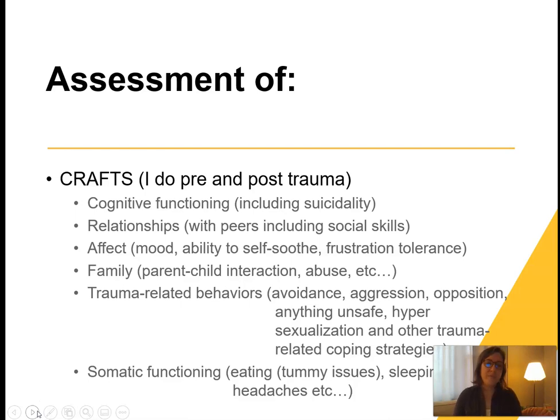What are some of the trauma-related behaviors that either the client can self-report or the caregiver has observed and can report to us? And you see those listed there. And then also, what is that somatic functioning? We learned a lot about how our body expresses trauma and feels trauma when we looked at The Body Keeps the Score. And so this gives us an idea if our client is experiencing those things or not.